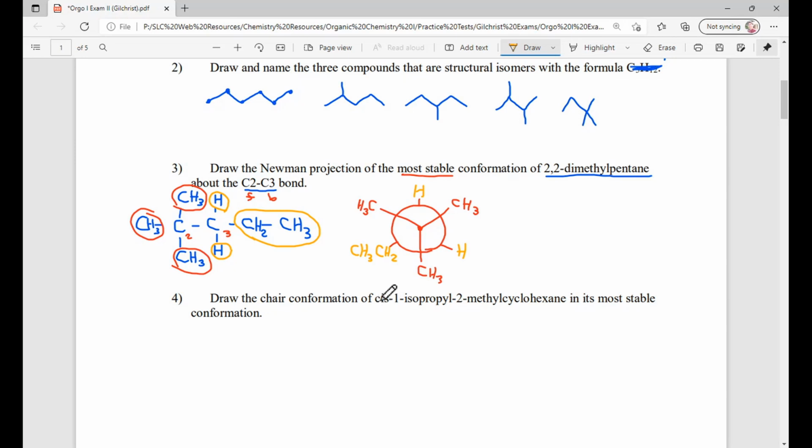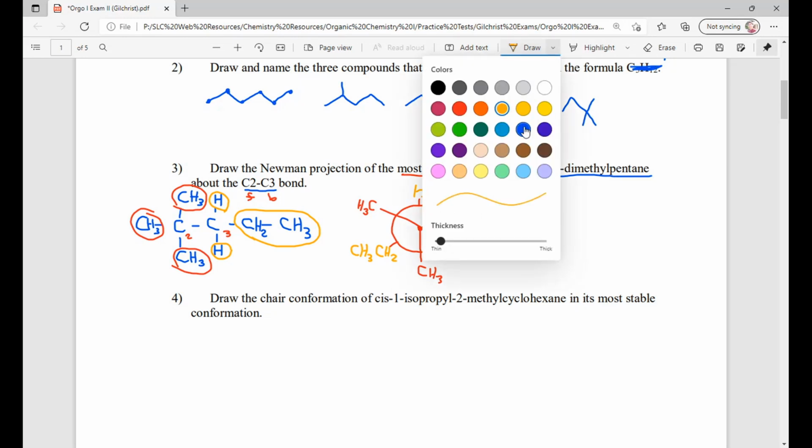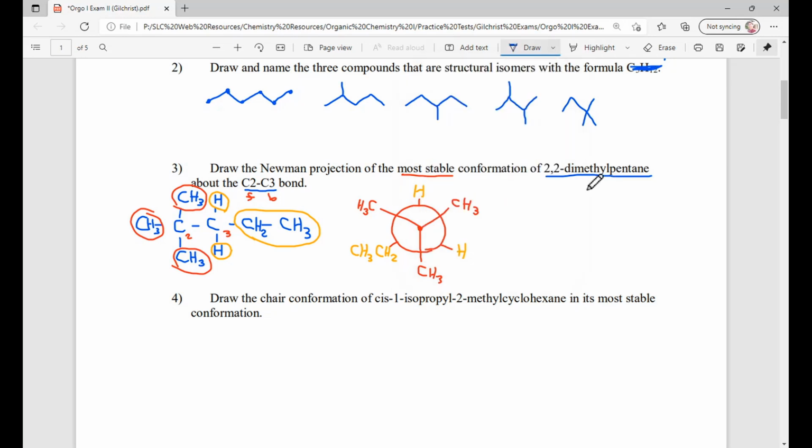However, if you were to, for example, sight down the 3,4 bond, and I'll give an alternate example of that. So if I was to say sight down the 3,4 bond, then I'd be looking at this one and this one.